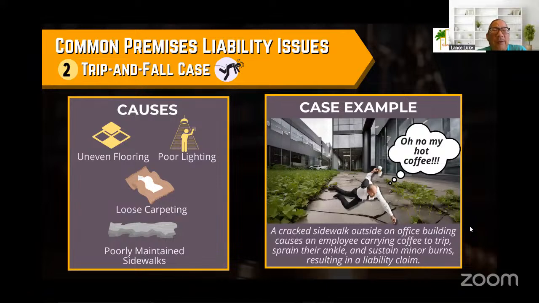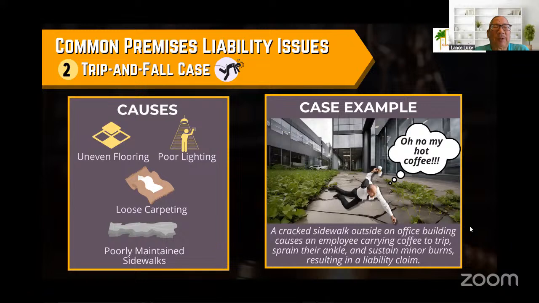Okay, so we're talking about tripping now. What are the causes of a trip hazard or a trip kind of situation? Uneven flooring, where you have a section of the floor lifted up, or you have carpet that's loose, and you can trip over that. Poor lighting, where people can't really see.